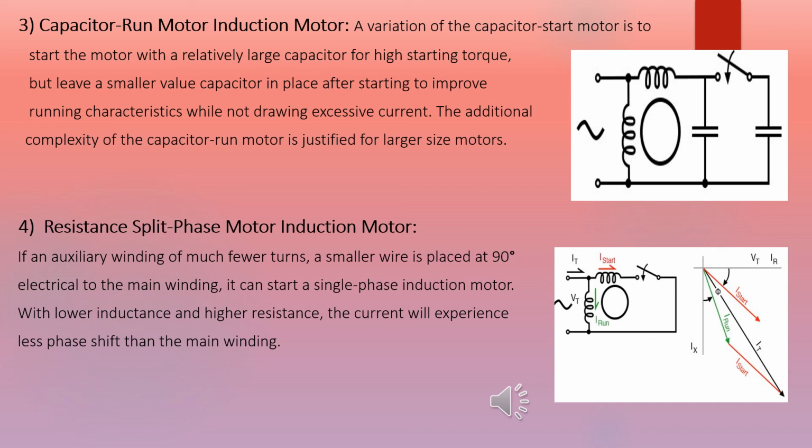With lower inductance and higher resistance, the current will experience less phase shift than the main winding. So since the number of turns on the auxiliary side is fewer, the phase shift that is generated will be less as compared to the phase shift generated by the main winding. This is the single phase resistance split motor.